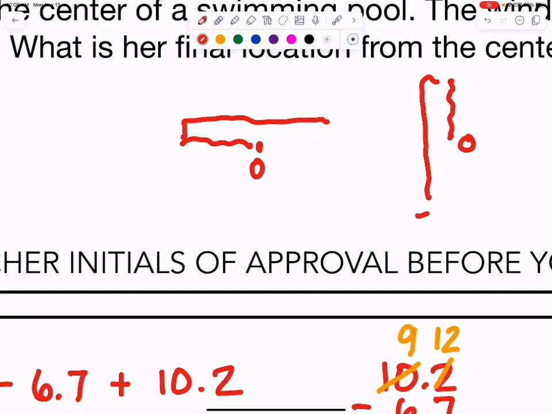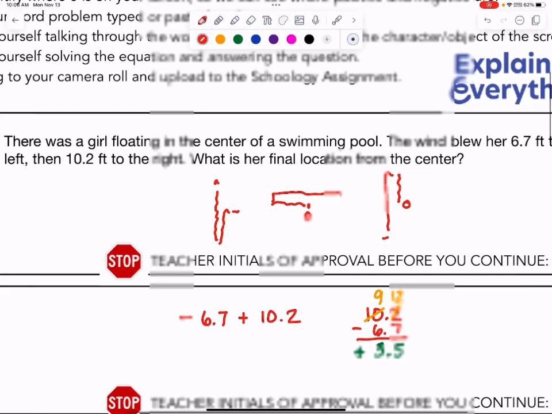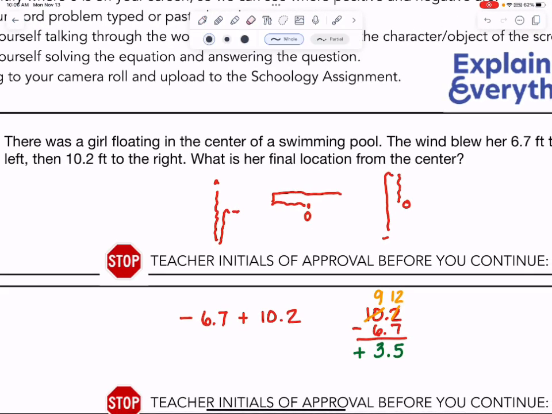I could have someone diving into the water and then coming up and jumping like a, I don't know, whale or something else like that. So I'm just brainstorming different things where I could have a positive and negative situation, okay?